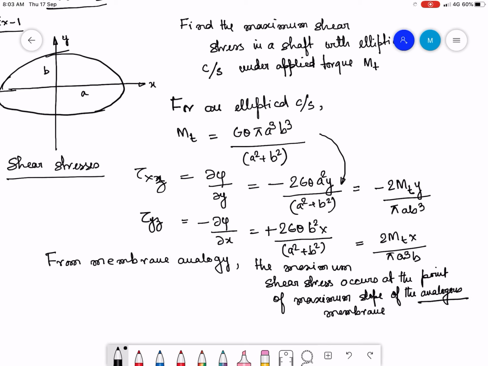Okay, so we can say that the maximum shear stress is going to happen at the point where there is a maximum slope for the analogous membrane.